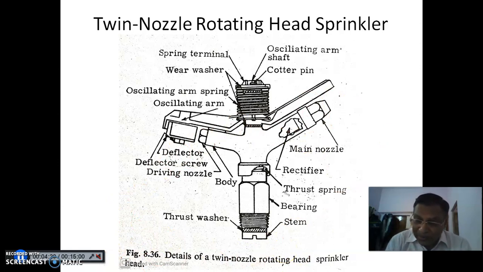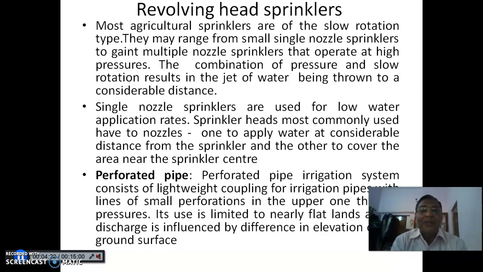So depending upon your coverage, you can select the nozzle. The combination of pressure and slow rotation results in the water jet being thrown to a considerable distance. Single nozzle sprinklers are used for low water application rates, basically.